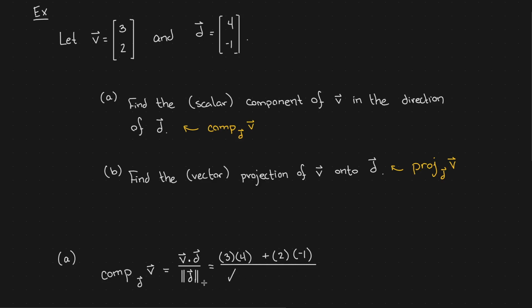And then I take the norm of d in the denominator, which is the square root of the first component of d squared plus the second component of d squared. In the numerator, I get 12 minus 2, that's 10, divided by my denominator, the square root of 17. So the component of v in the direction of d is 10 over the square root of 17.